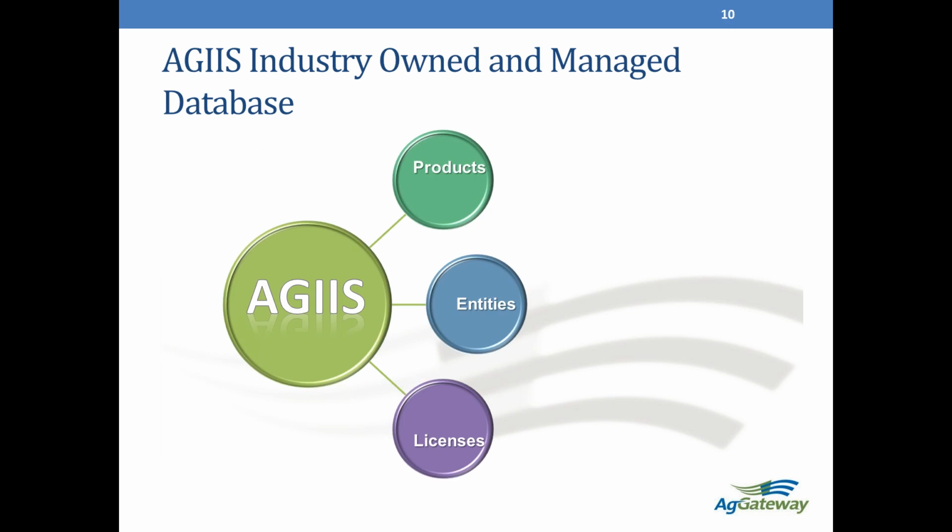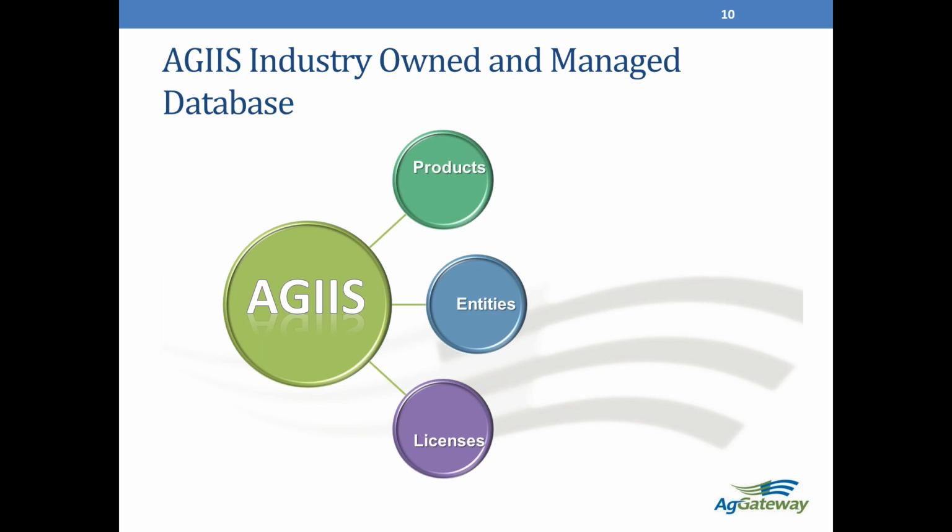To give you a picture of what it looks like, a visual here, you have the products, entities, and licenses that make up AGIIS. AGIIS is industry owned and managed by the participants. So we have products that are uploaded by product manufacturers or product owners. We have entities that are maintained and added by the community of subscribers.